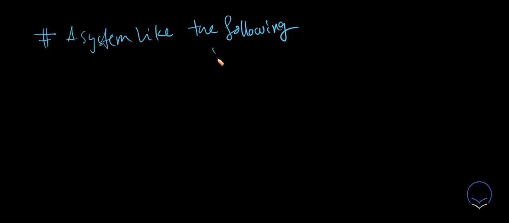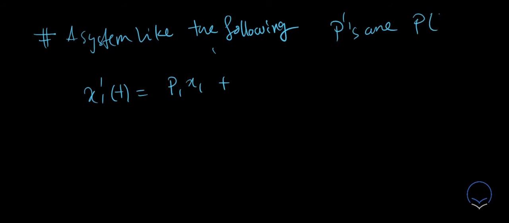So let me just write the full general thing. This x1 prime is just p1 x1. Obviously these p's are functions of time, that means p of t, and i is an index. So you will have p2 x2 plus dot dot dot plus pn xn.